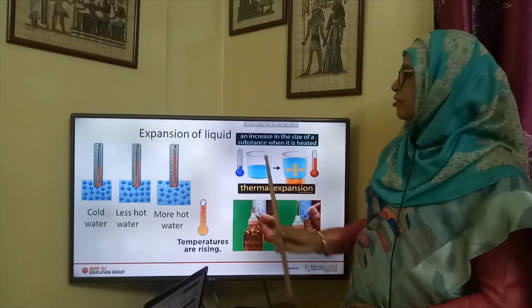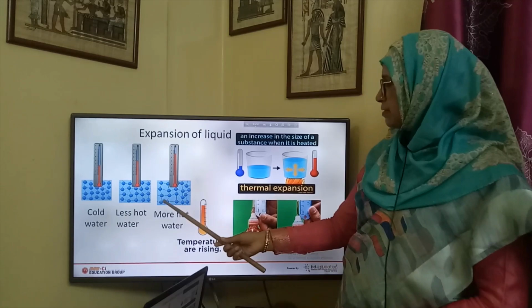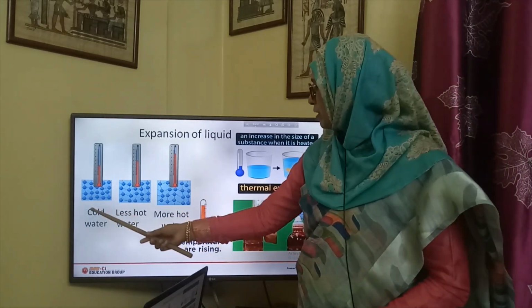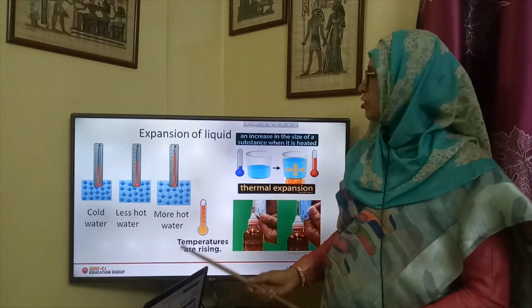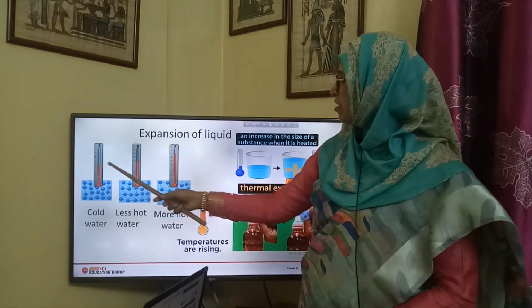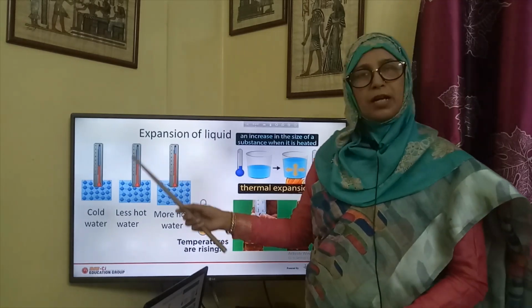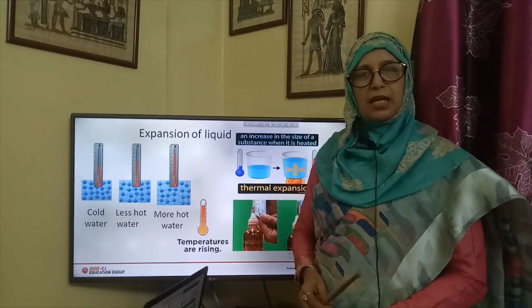Now the expansion of liquid substances. See, cold water, warm or less cold water, hot water, and more hot water, and we fix a thermometer. We have learned about the mercury thermometer in the previous class.